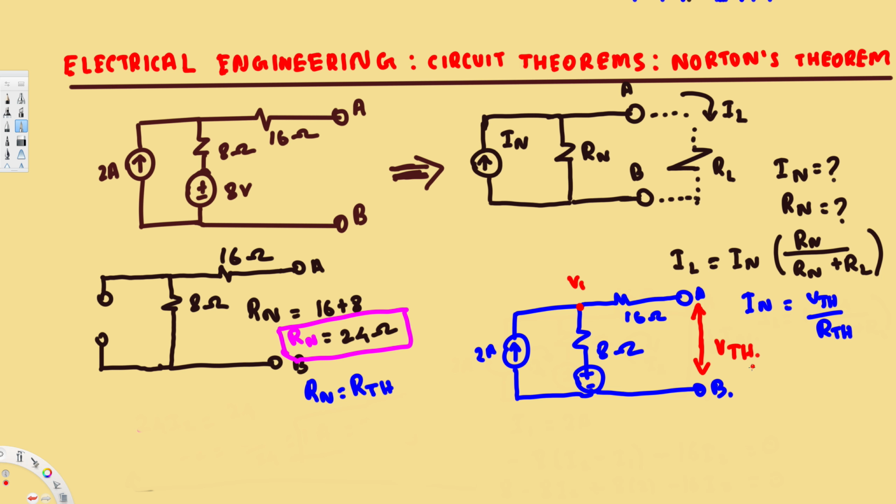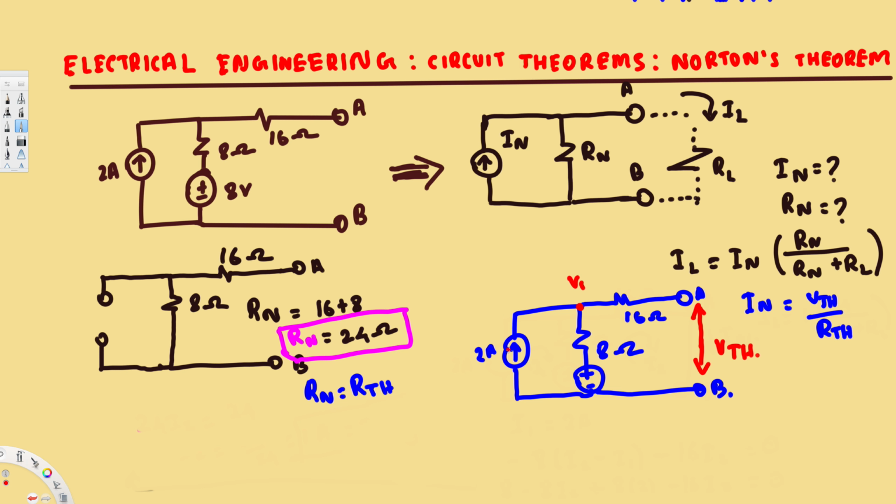That's what we are trying to find. And since we don't have any current flow right here, this V1 is going to be equivalent to V Thevenin, right?